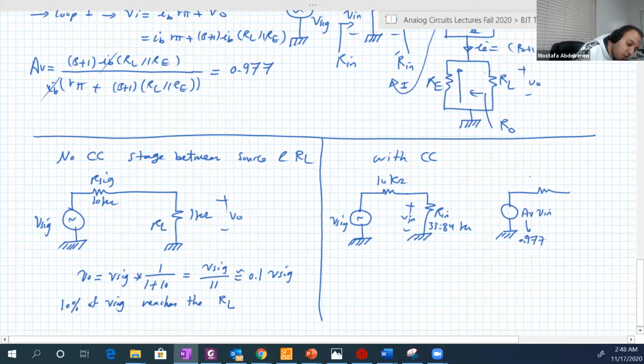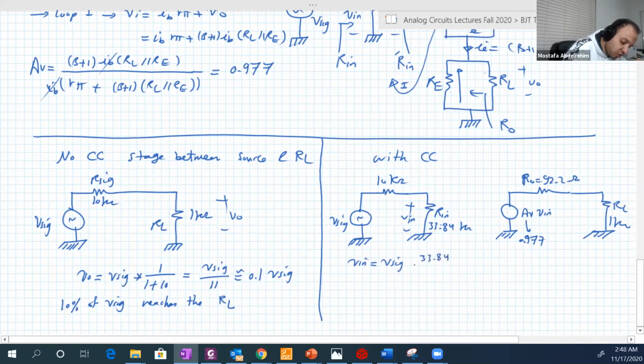Then we have our RO, which is 92.2 ohms. Then we have the load, which is 1 kilo ohm. Good. So first, V input is V signal times 33.84 over 33.84 plus 10 kilo ohms. This is basically 0.77 V signal.